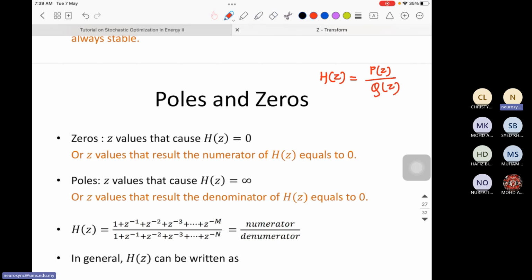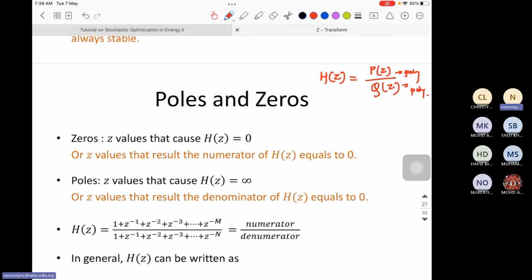This P of z is a polynomial in z inverse or in z form, and Q of z is also a polynomial in terms of z or z inverse. Now, how to define the poles and zeros of the system?